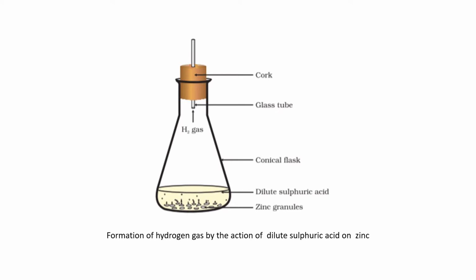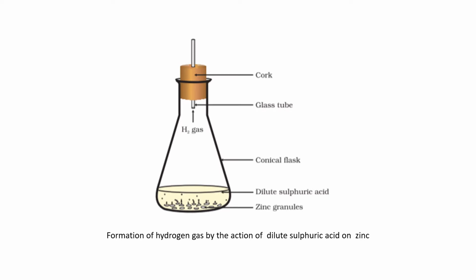Now let us take another example where we have taken zinc granules, and to this we can add either hydrochloric acid or sulfuric acid. So when you add the zinc granules to hydrochloric acid or sulfuric acid, what happens?